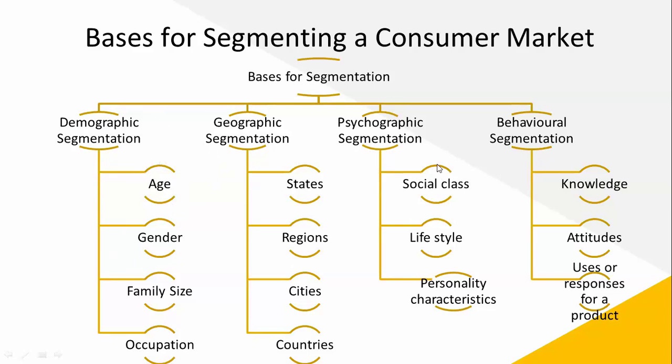That is you are segmenting the market based on the social class plus age, right? So then you can divide high class adults, high class youngers, middle class adults, middle class youngers. Likewise, you can divide the market into the segment based on several characteristics as well.